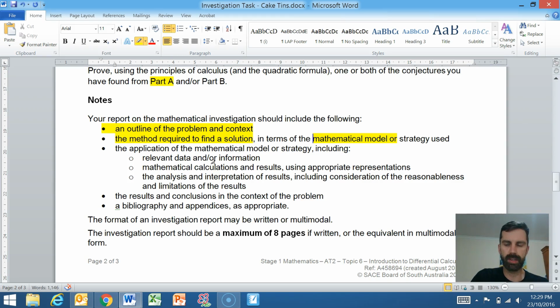Then you need to show your application of the maths. This is where you show all of your working out and your calculations. As you do those calculations, you need to interpret your results as you go. Then finally, you need to give your results and conclusions in the context of the problem.